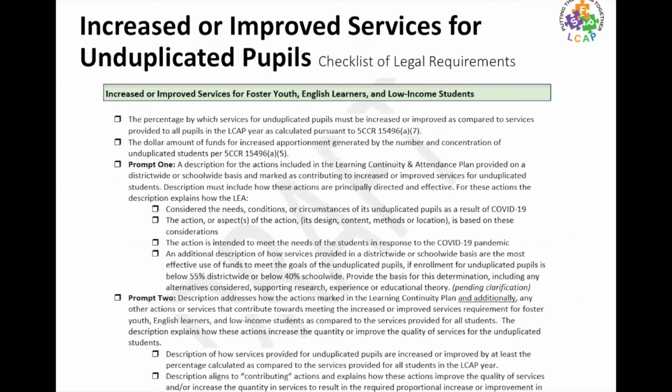And you can see the components for each of the sections included, including the percentage, the dollar amount for the LCFF funds, the required descriptions in prompt 1, addressing LEA-wide or school-wide services and how these services are principally directed, including the 3 components required for those descriptions, and the requirements for prompt 2, addressing how the services overall increase or improve services for unduplicated pupils, and how these actions compare to what's being provided for all students.